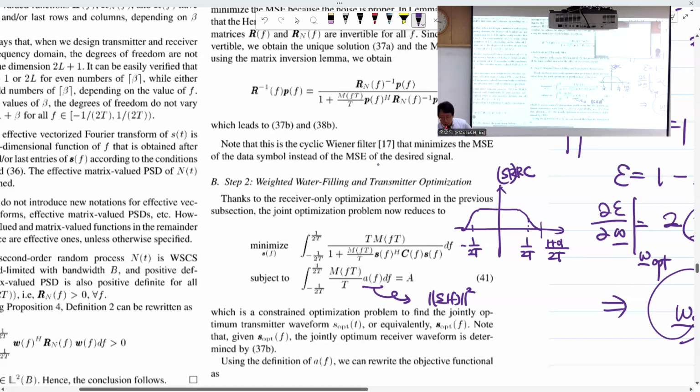This alpha is between 0 and 1, including 2 endpoints. If alpha equals 0, you have a sync pulse. If you have alpha equals 1, your bandwidth is exactly 1 over T in baseband, right?